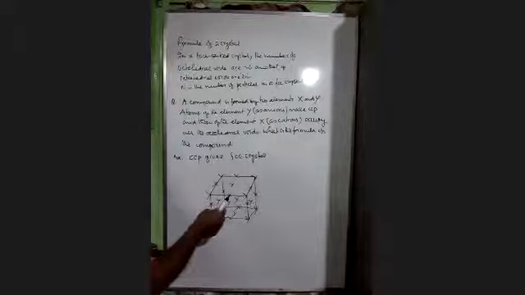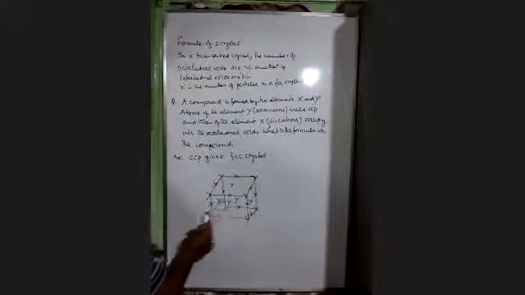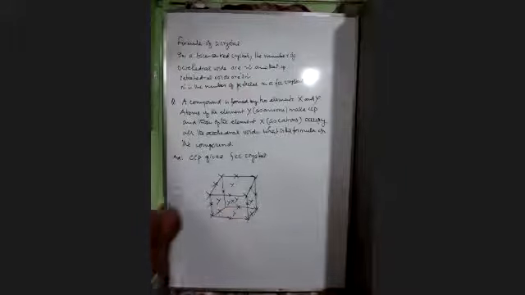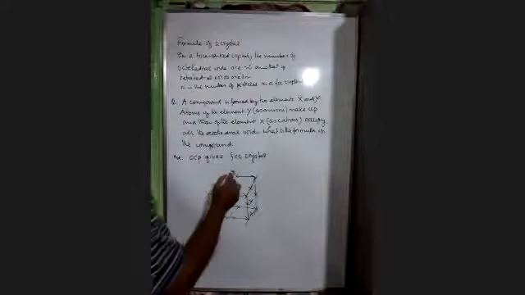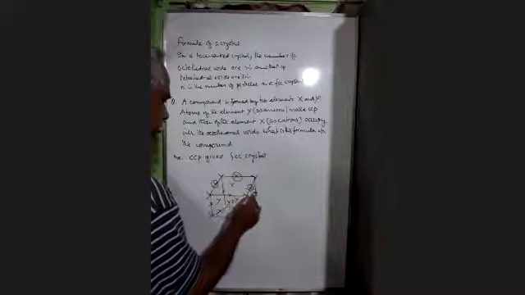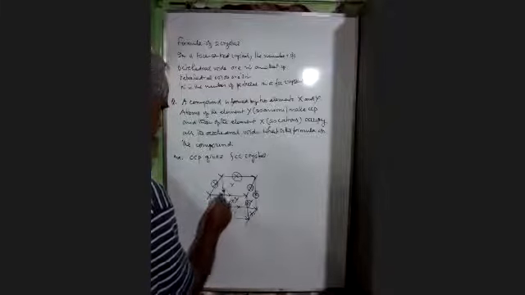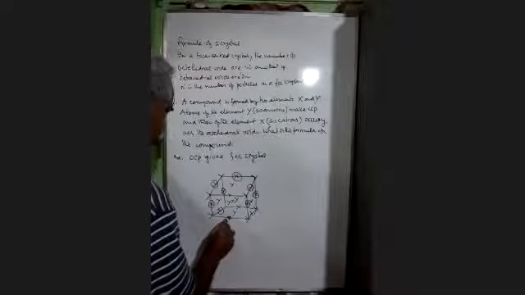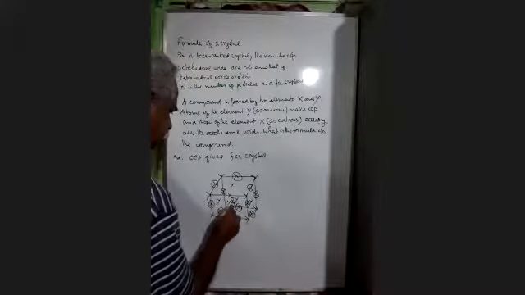See, 1, 2, 3, 4, 5, 6, 7, 8, 9, 10, 11, 12, and 1 at the middle. So these are the cations. For cations, I'll put a circle. They are in the voids. Here are the voids. Try to understand. These are very simple, and this is the void.